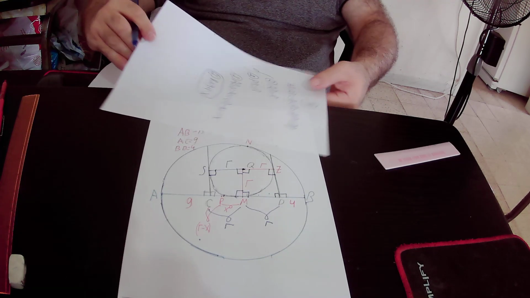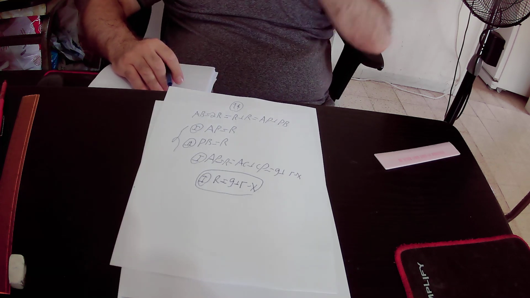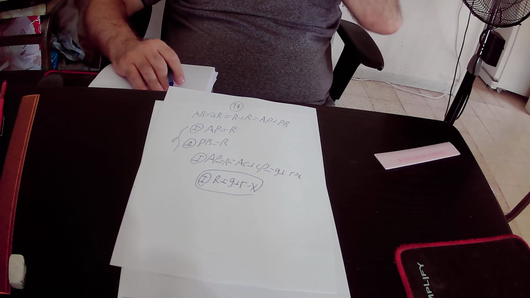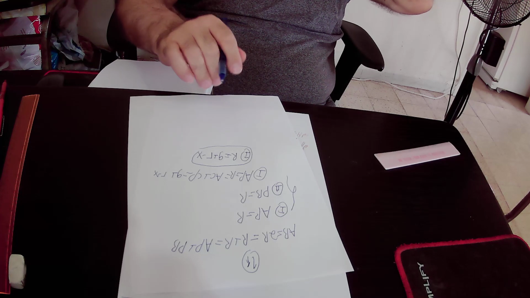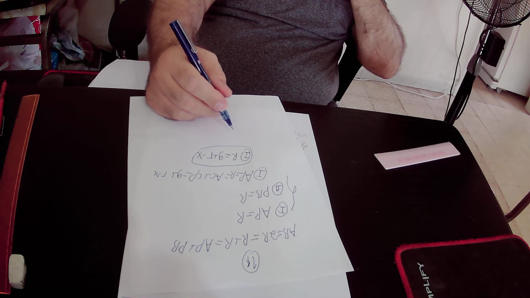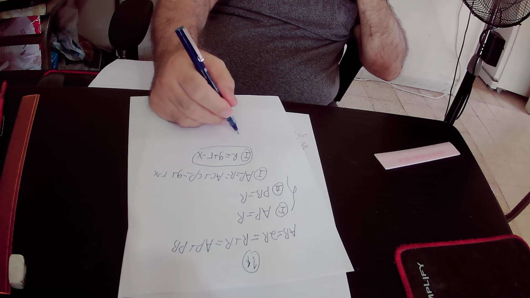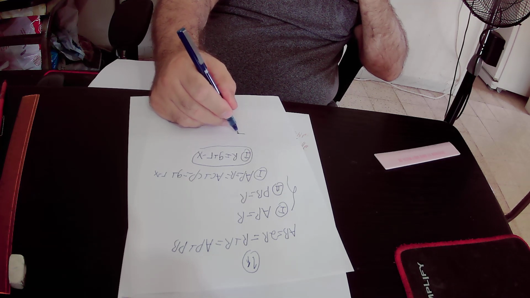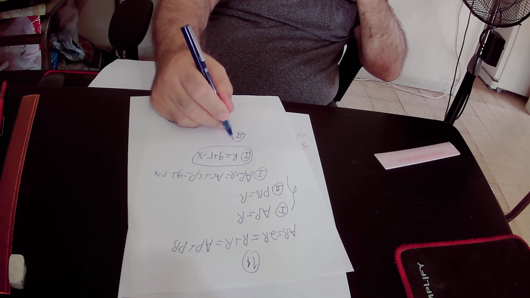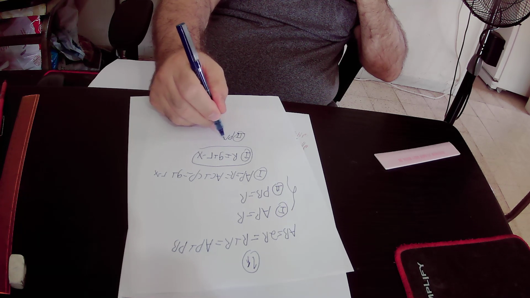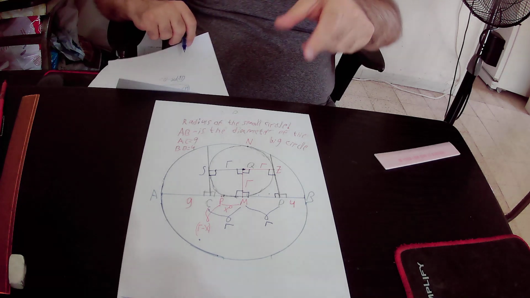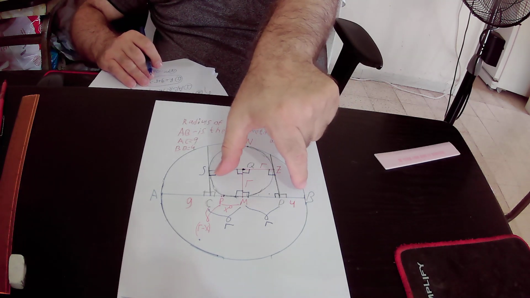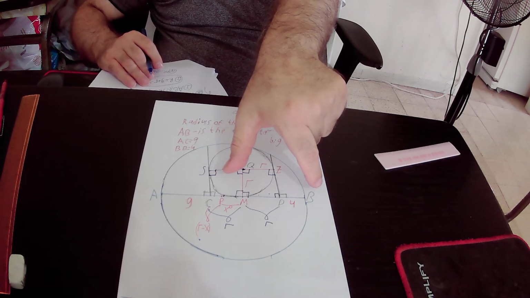So we have the first equation for the radius of the big circle, but we also know that PB also equals the radius of the big circle. Okay, PB equals the radius of the big circle.